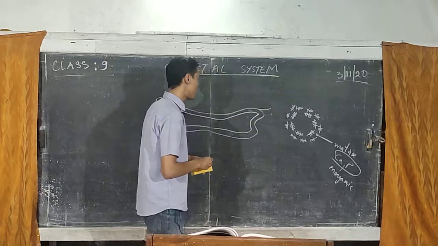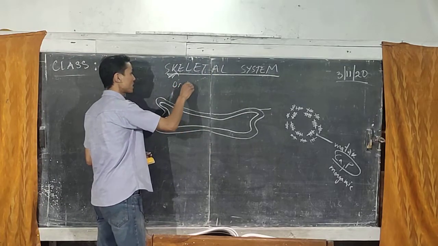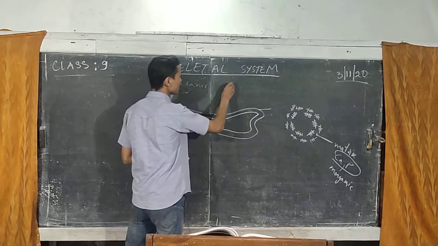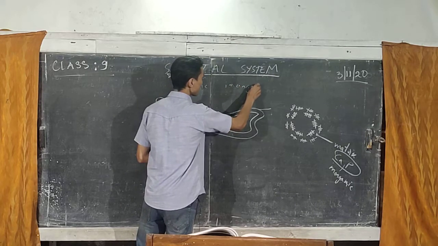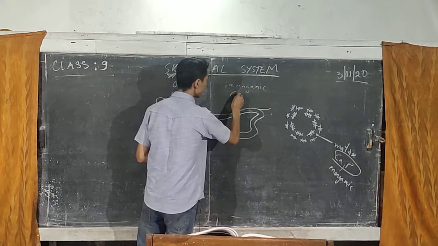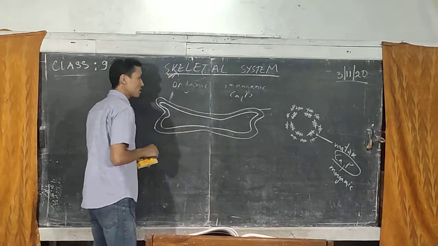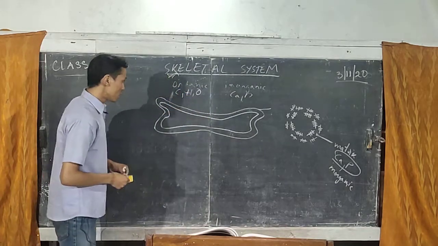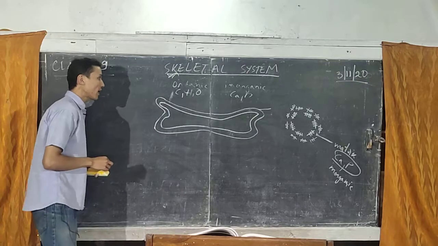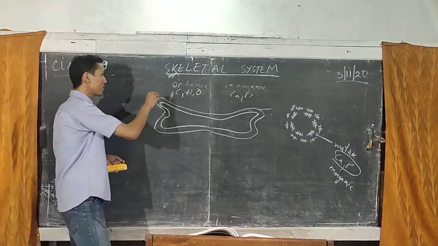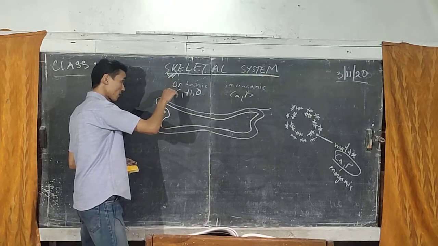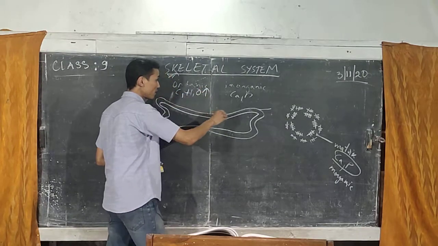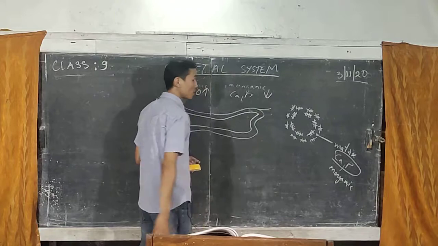So a bone basically consists of organic and inorganic parts. Inorganic are calcium and phosphorus. Organic means compounds of carbon, hydrogen and oxygen. If you dissolve a bone in hydrochloric acid, the organic part remains and the inorganic part does not remain.